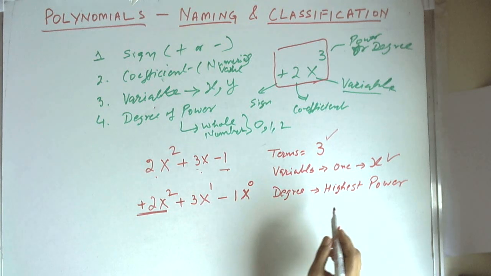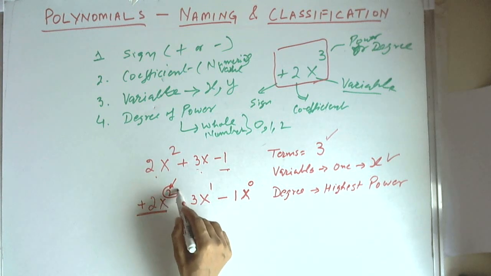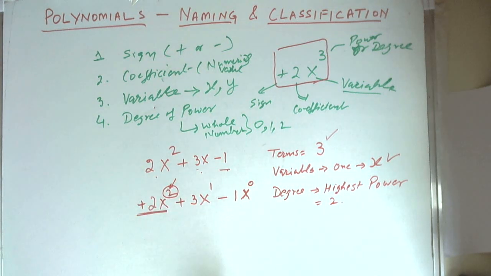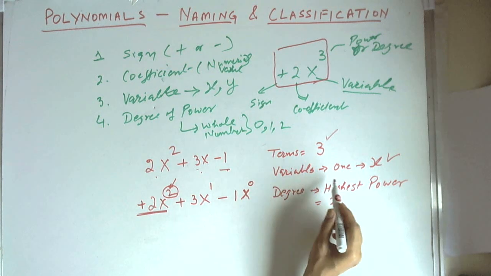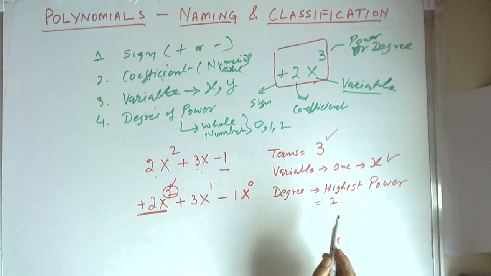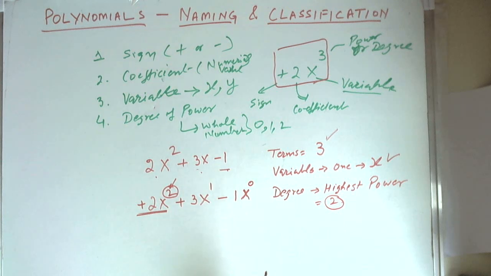In this particular case, the highest power is 2, so the degree is 2. So for this polynomial, we can say this is a polynomial with one variable and 3 terms, and the degree of this polynomial is 2.